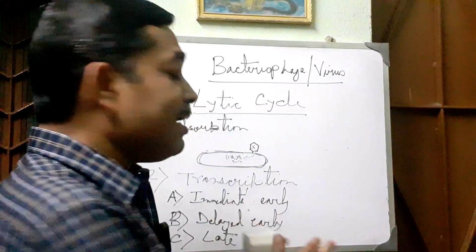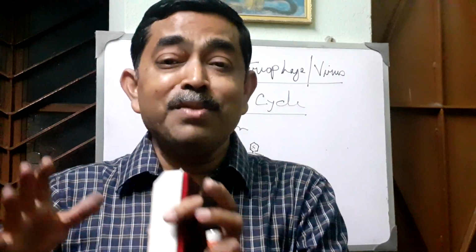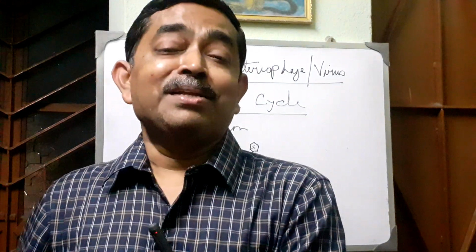Now, also in the delayed early transcription, the RNA polymerase will be altered to transcribe the late genes. Late genes mean the production of the new phage particle: the head, tail and fiber will be produced.